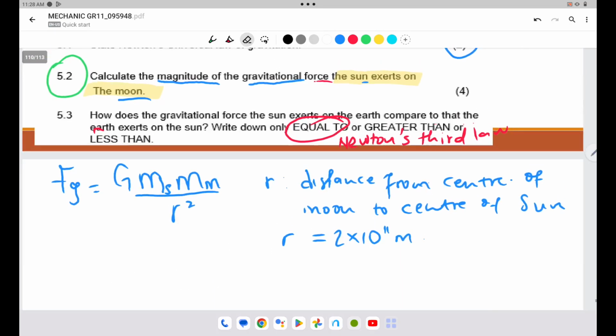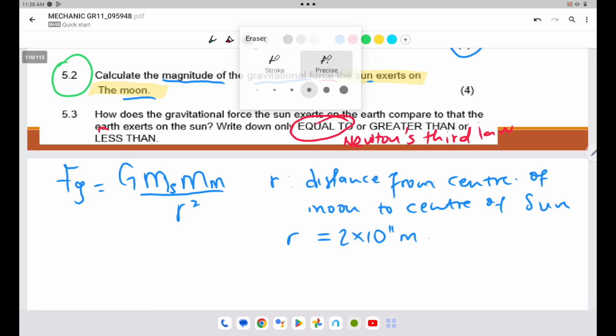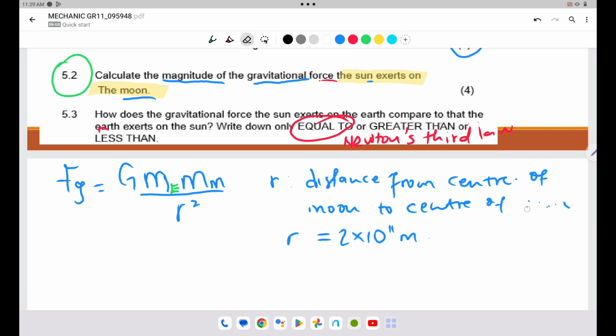Okay, so now the objects of interest have changed. We are no longer talking about the sun and the moon. We are talking about Earth and the moon. And when we come here, the distance will be the distance from the center of the moon to the center of the Earth.